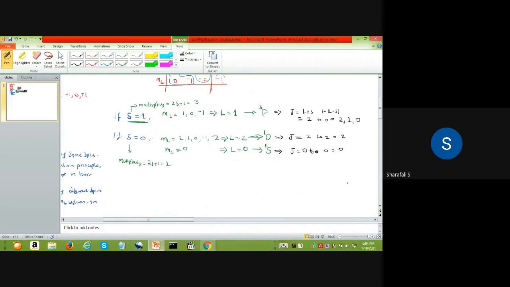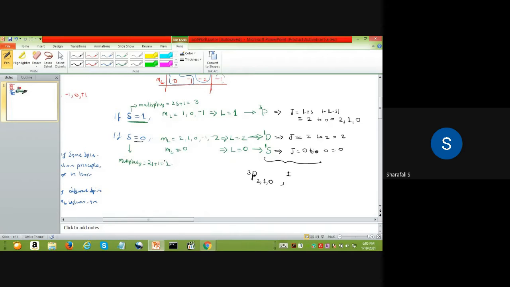Okay. So the total terms from this set, I can write for 3P, the spectroscopic terms. That is 3P with J values 2, 1, 0, the first term. And then I have this singlet case. So S equal to 0 is called a singlet, and S equal to 1 is called a triplet.